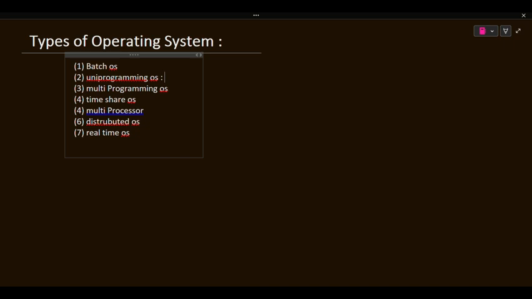So to overcome this problem, they introduced multi-programming OS. In this operating system, the main memory holds multiple programs at a time. Now, when a program being executed by the CPU requires an input-output operation, it will be removed from execution by the CPU and sent to the input output operation.